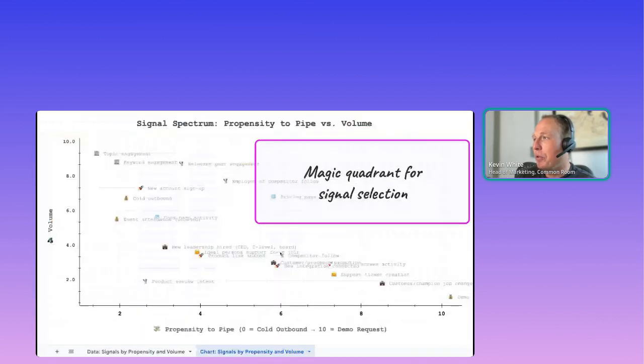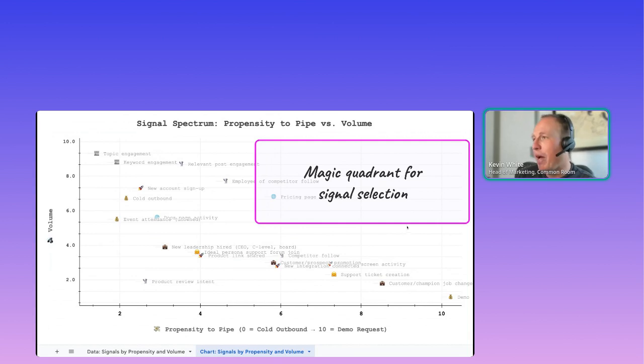And then once you do that, it'll map all of the signals that you select onto this same kind of dimension chart, where it's like, okay, this is high volume, low conversion rate, and this is low volume, high conversion rate.